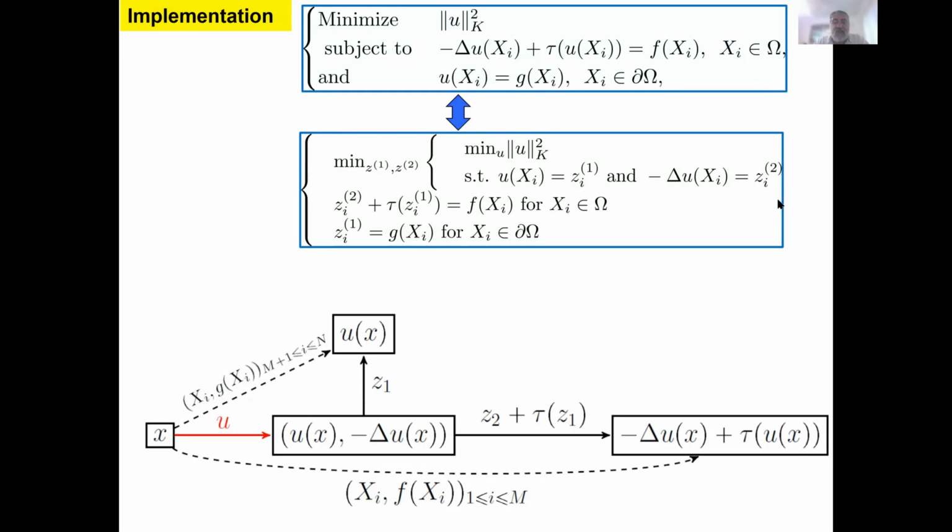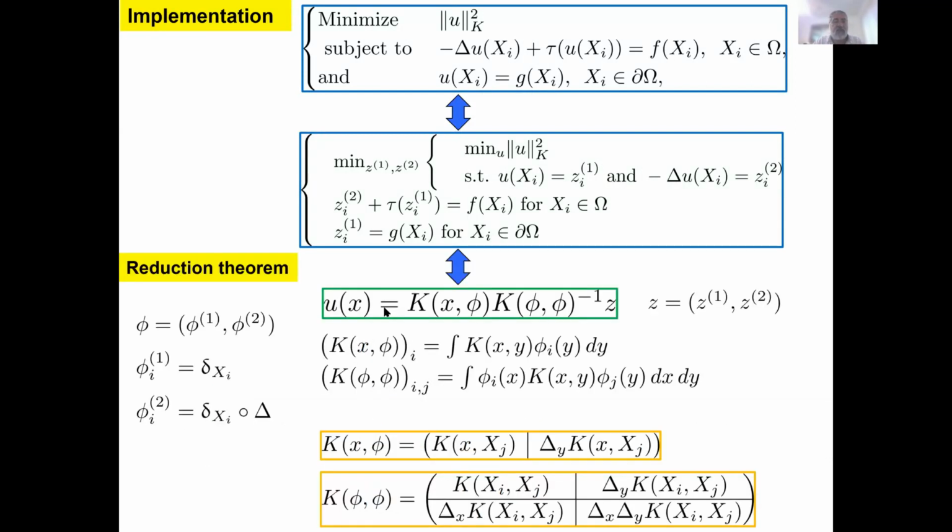Note that these slack variables are the intermediate variables appearing in the computational graph. Now, given those variables z, the minimization over u is a linear optimal recovery problem, for which we have the following representer formula, which I will now unpack.